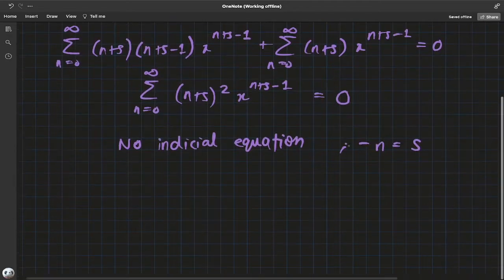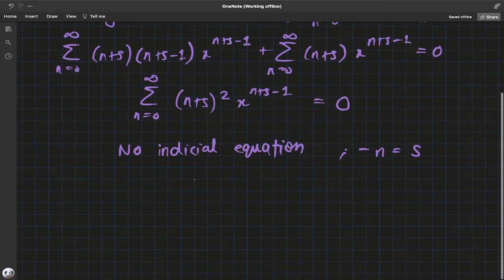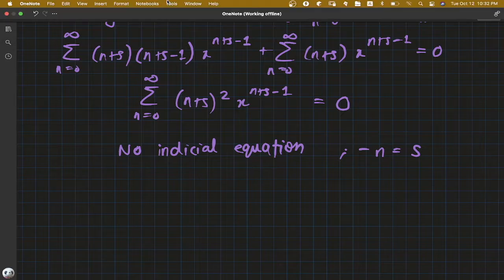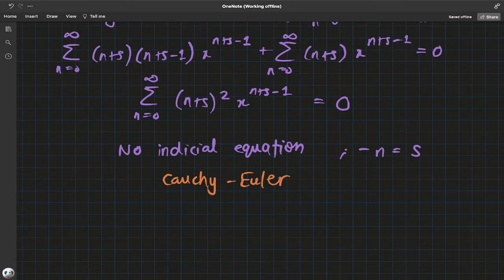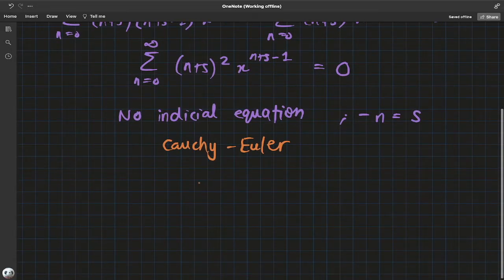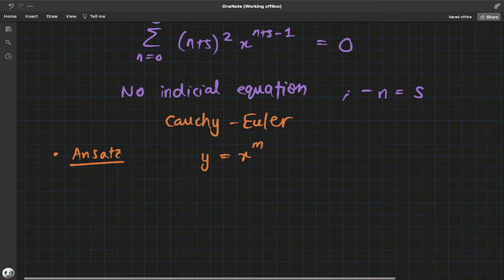You can also try another method which is called the Cauchy Euler approach. I didn't cover this because it didn't really seem appealing to me back then. Now the Cauchy Euler approach is quite similar to the Frobenius solution. It says to use this guess, which is what we call an Ansatz, a German term: y equals x to the m.